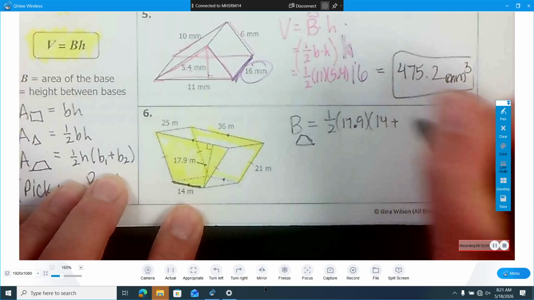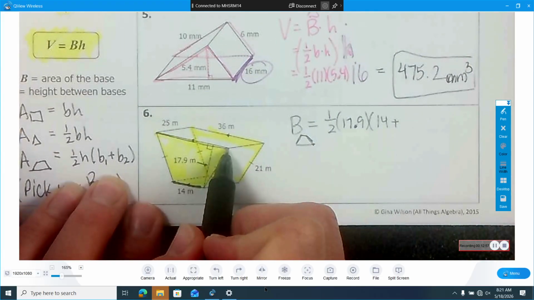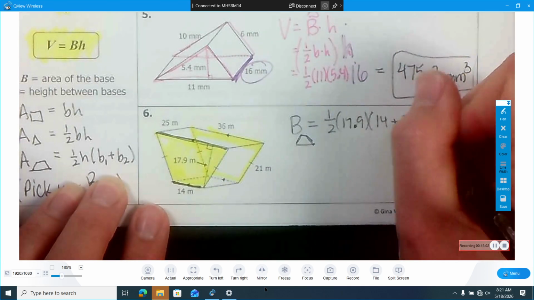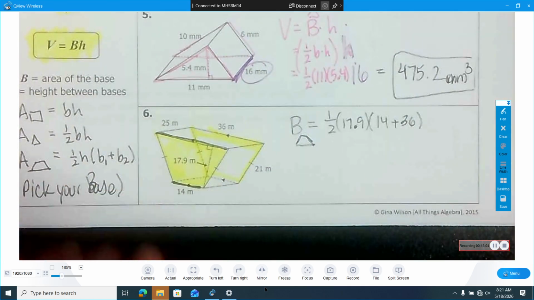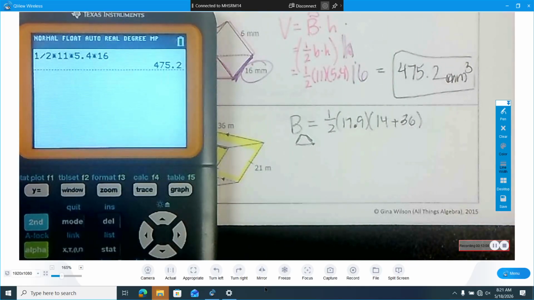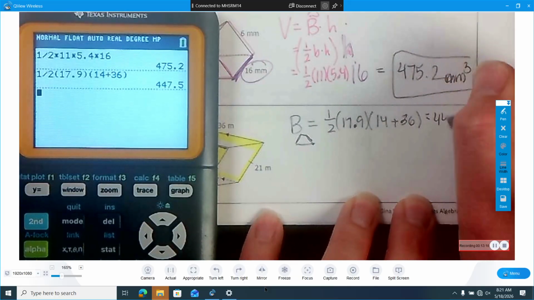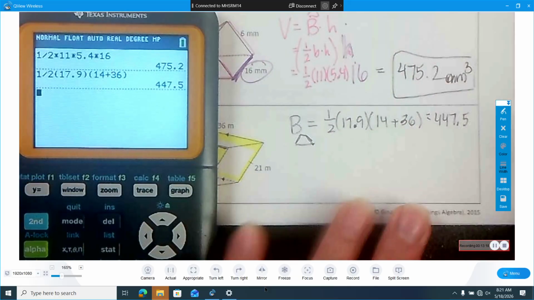That's an easy one to see. What's this base? Yeah, it matches the 36. I'll think about that a little bit. So there's our base area. So 1/2 times 17.9 times 14 plus 36. I get 447.5.